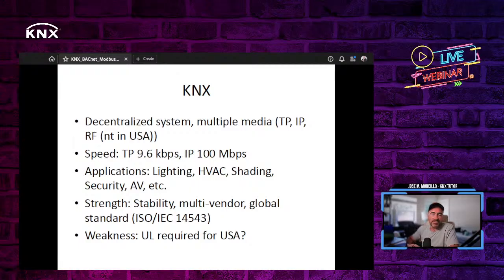We cannot just pull the information from the devices as we do, for instance, with BACnet. We need to type everything into the BMS, into the BAS, or whatever we are programming. This is something that you need to know.